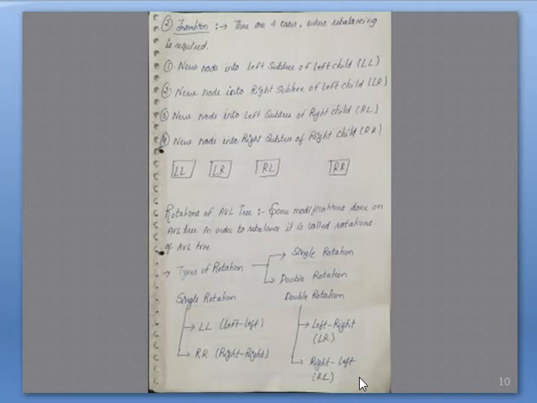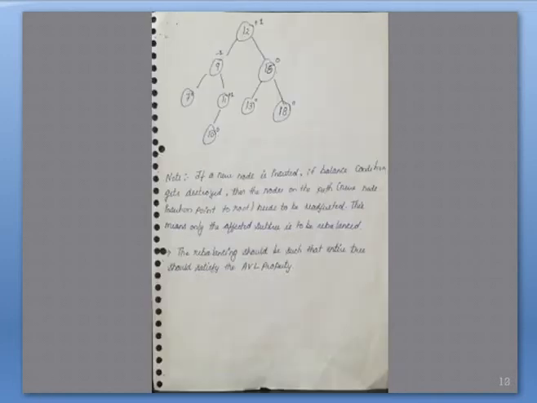Now one important point is there: if a new node is inserted and the balance condition gets destroyed, then the nodes on the path of the new node that we had inserted need to be readjusted.